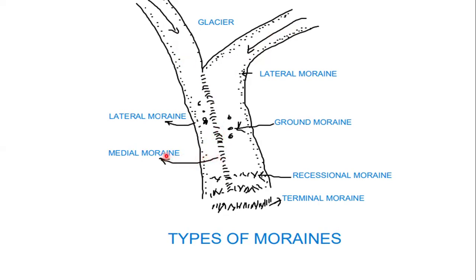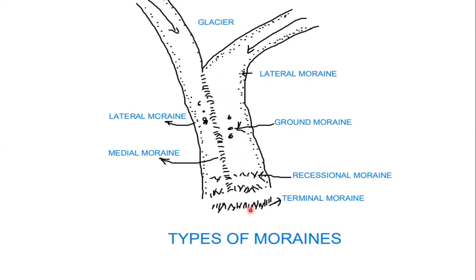Ground moraines are formed when the glacier is not able to carry the excessive load and deposits it at the base. When the movement of the glacier is vigorous, ground moraines are not formed.